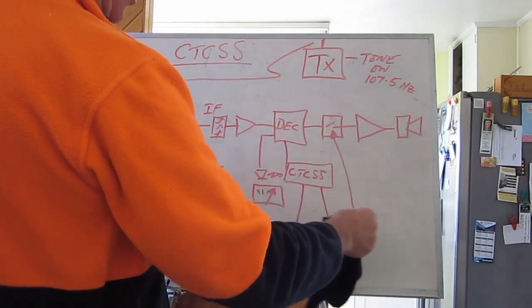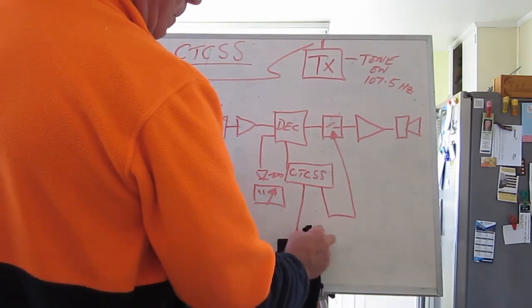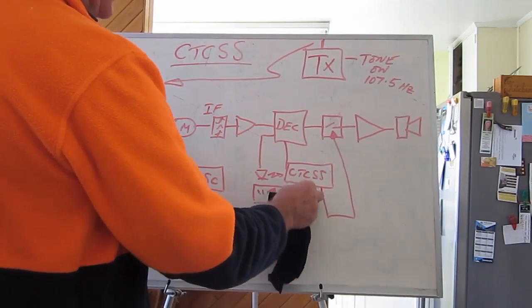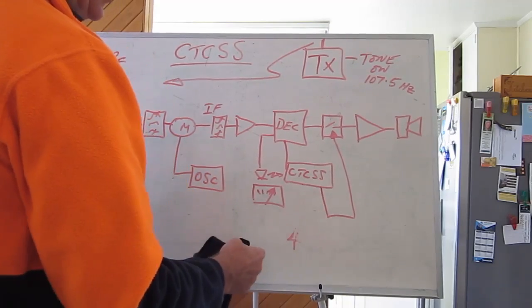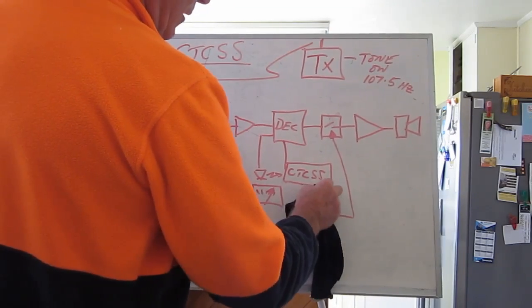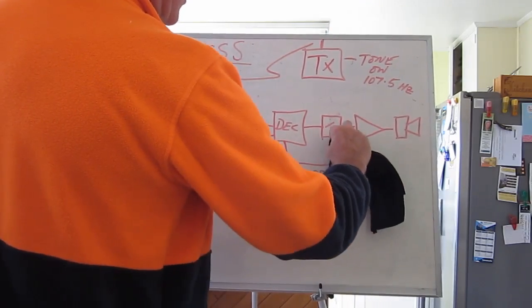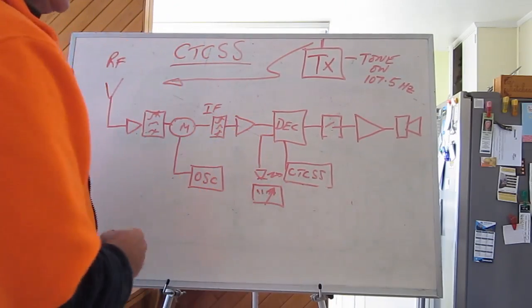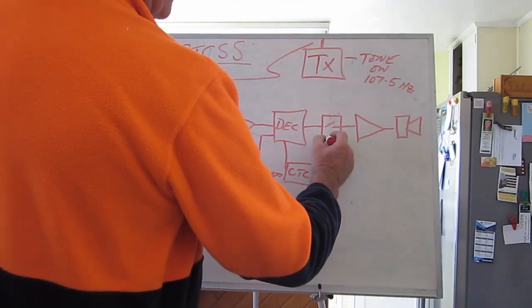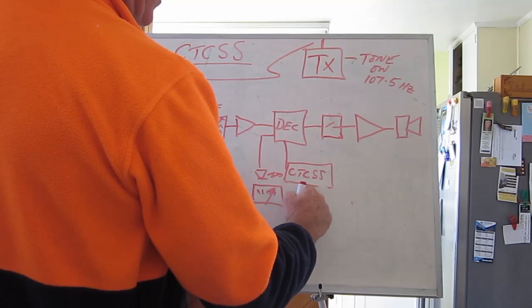The most common thing I'm finding is that there's no control here. There's no tone. Therefore, this CTCSS control is not working. Because there is no tone here, there's no tone control whatsoever because it's not programmed into the receiver.